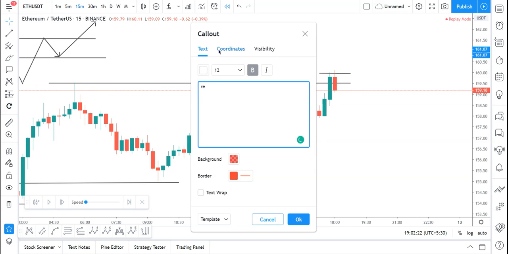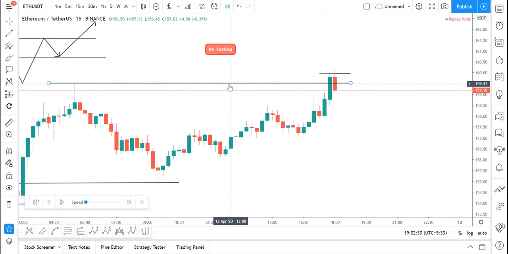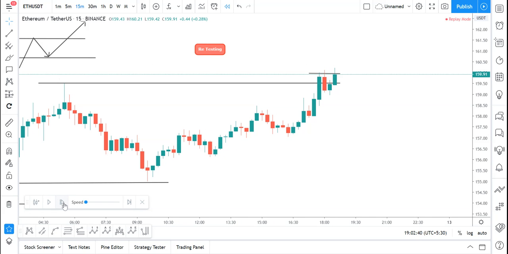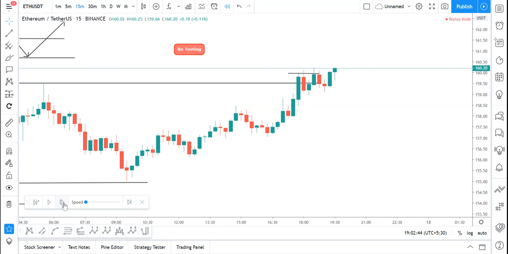Retest is all about retesting your resistance or support. So this is a resistance, and we shall be buying only when this resistance is turning into a support. So let's see when that happens. We are not buying here. We are not interested in buying.